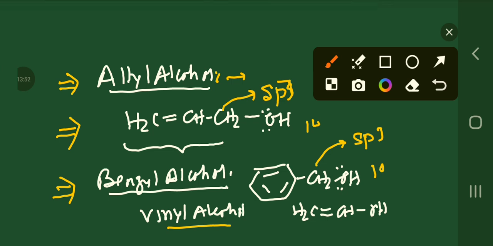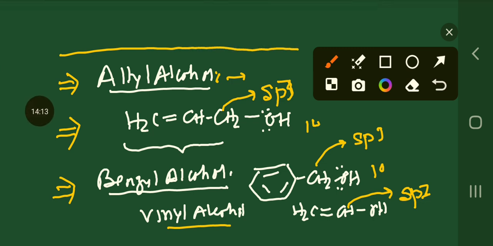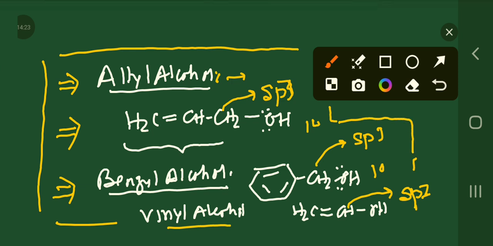Whereas in case of vinyl alcohol, the OH is attached with the carbon atom that has a double bond with another carbon atom, so it is sp2 hybridized. So the classification of alcohol is all over, and I hope that this classification is clearly understandable and the concept is also developed.